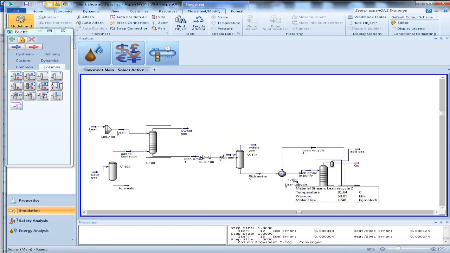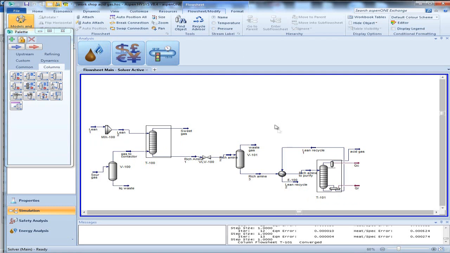However, the pressure here is only 68 kilopascal, while the pressure that goes to the column is 970. So what we can do is to boost it up.